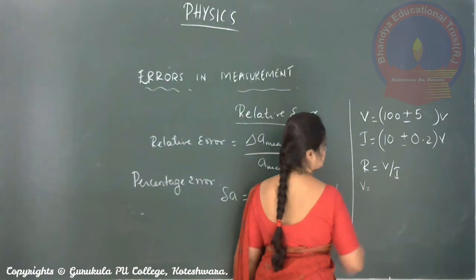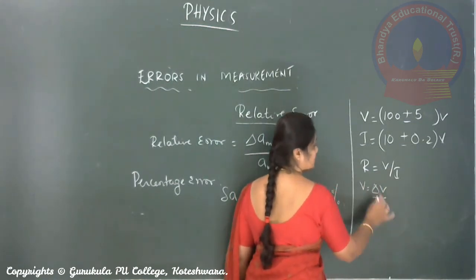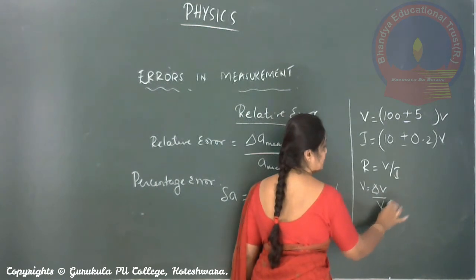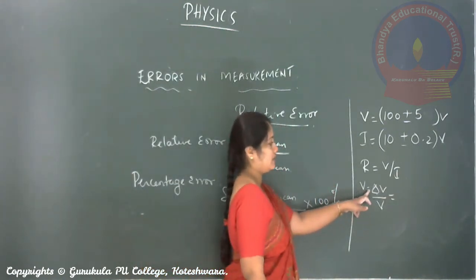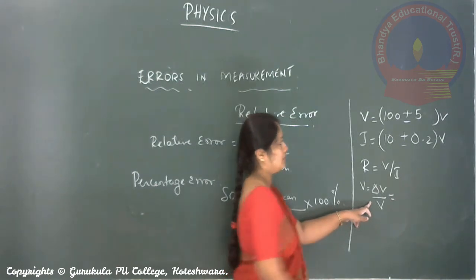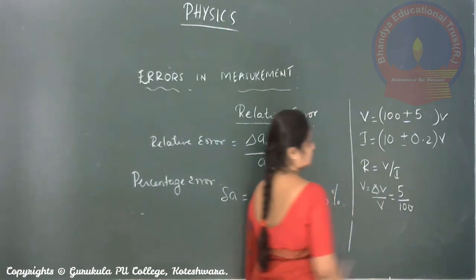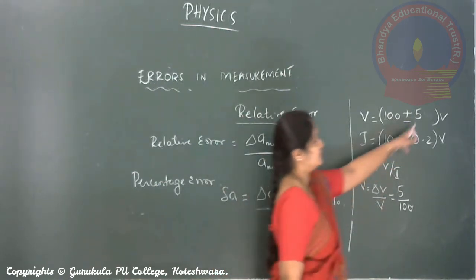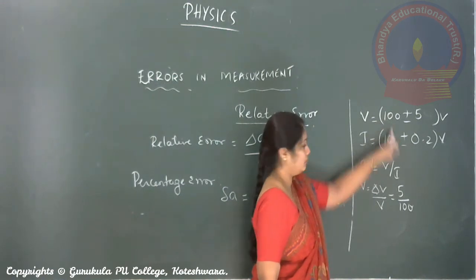So what will be the error over here? Error in V will be delta V by V. How much will it be? 5 divided by 100. So 5 is the absolute error to that of the value.